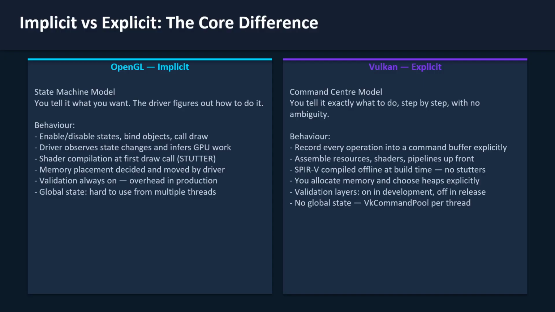In this implicit model, the application simply gives a hint, or simply tells the system what exactly you want, and then it's the driver's job to do all the gymnastics and figure out how to do it. For example, enabling a shader, drawing a mesh, or binding textures or vertex buffers.